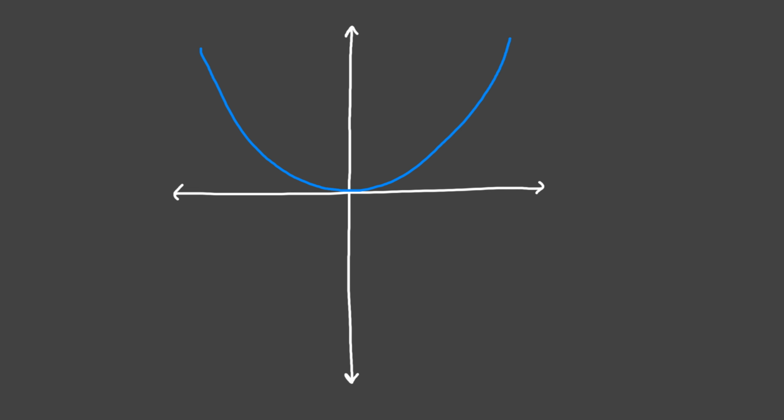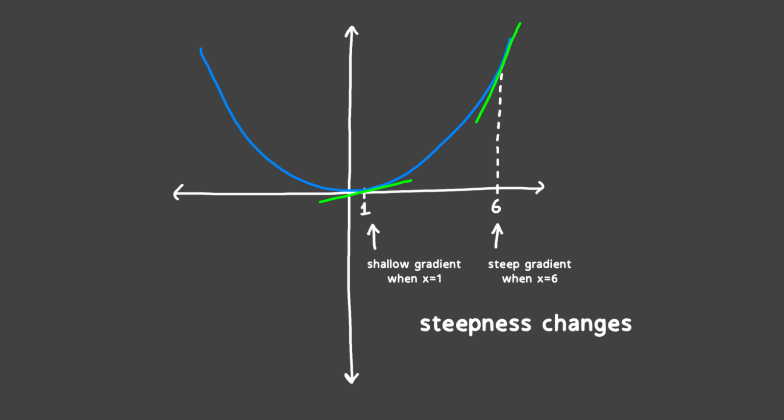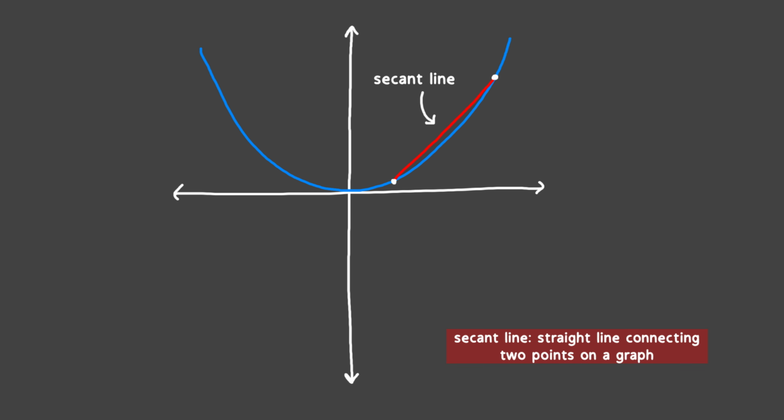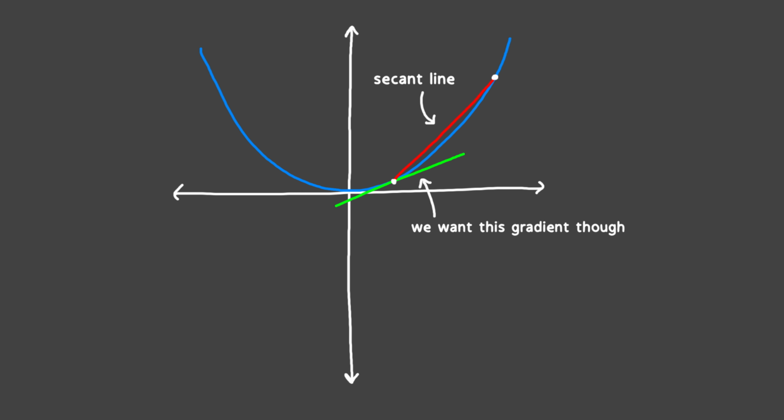But what if our graph isn't a straight line? The gradient is no longer constant and it changes based on what point you're analysing. Choosing 2 points and doing our usual change in y divided by change in x actually finds the gradient of something called a secant line. Ideally, we want to be finding the gradient at a specific point.